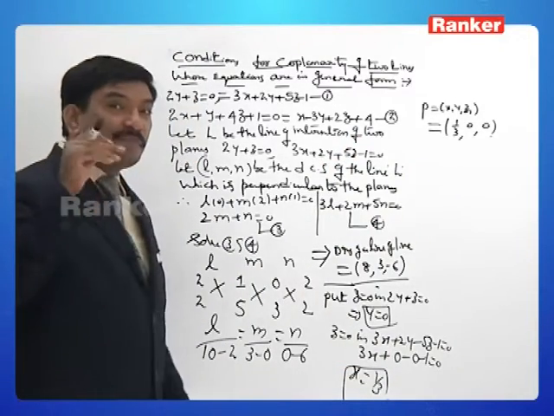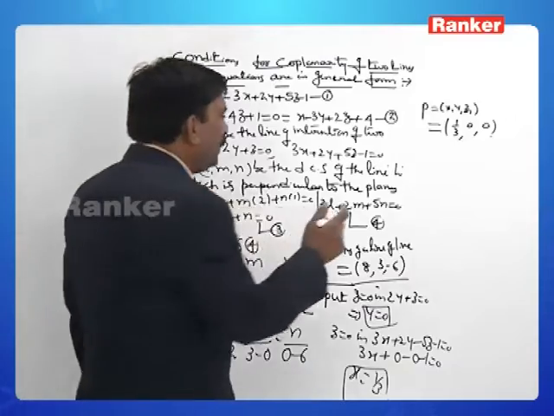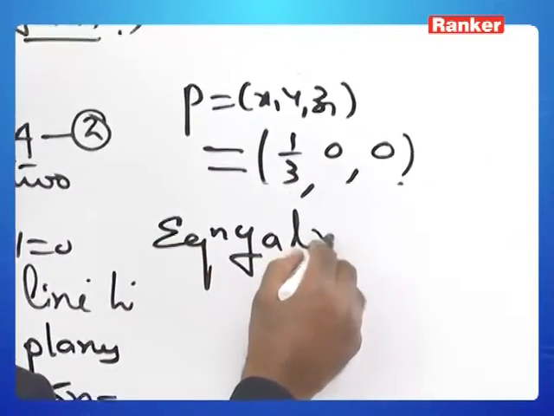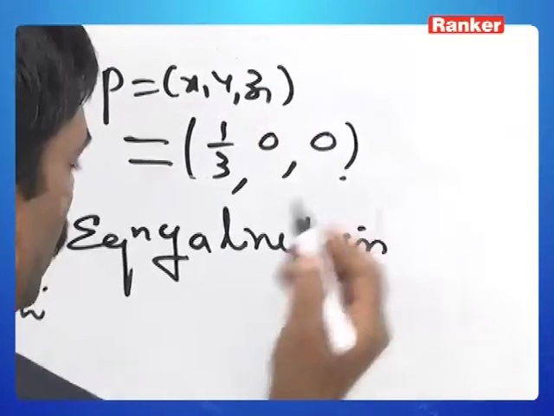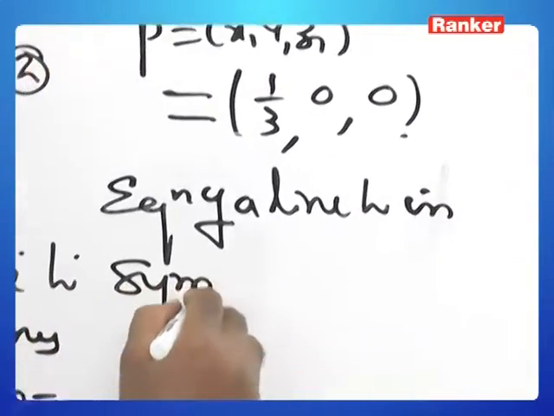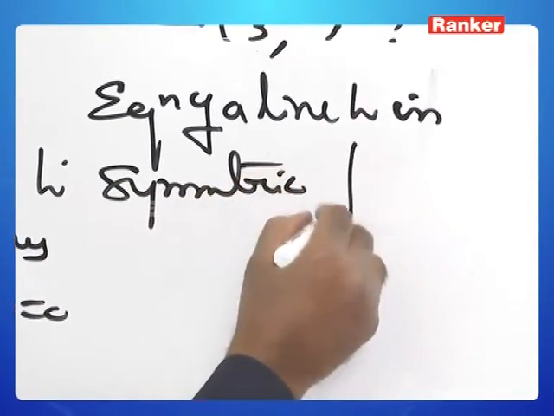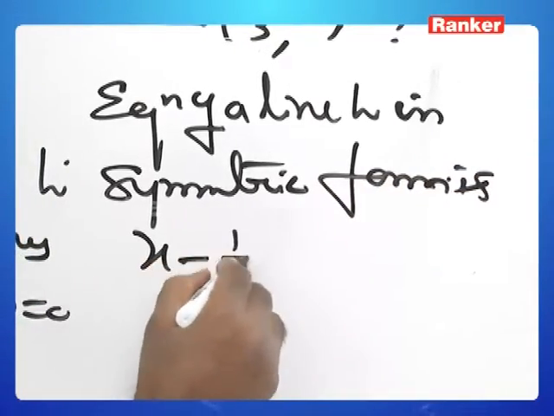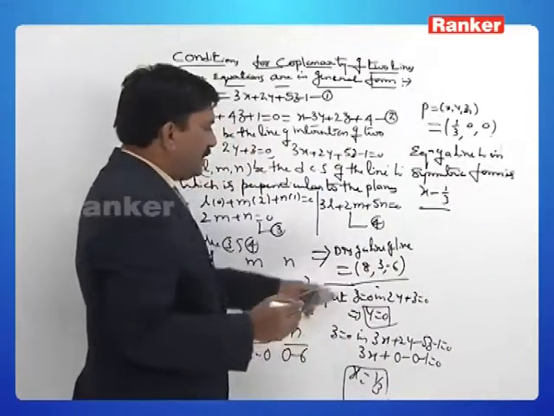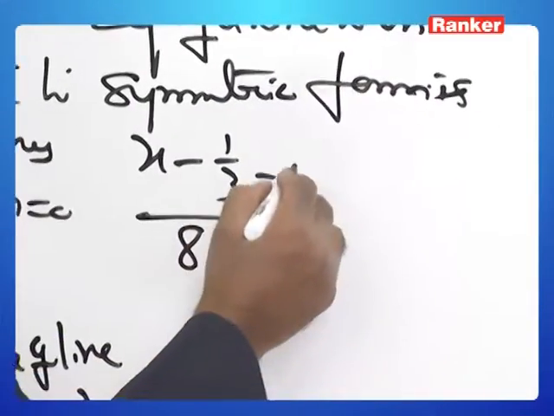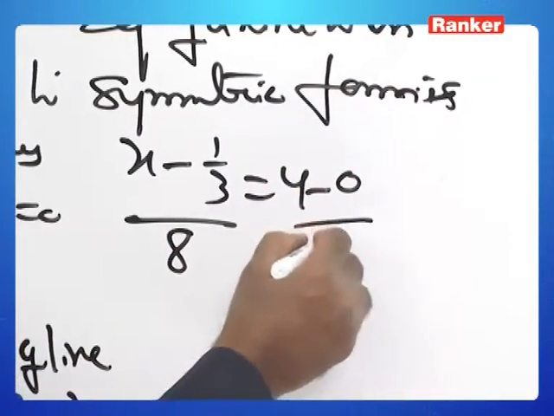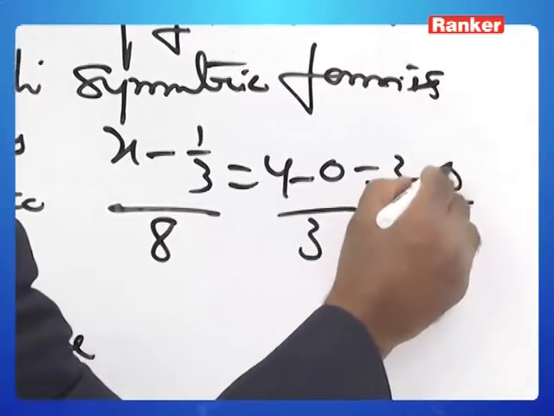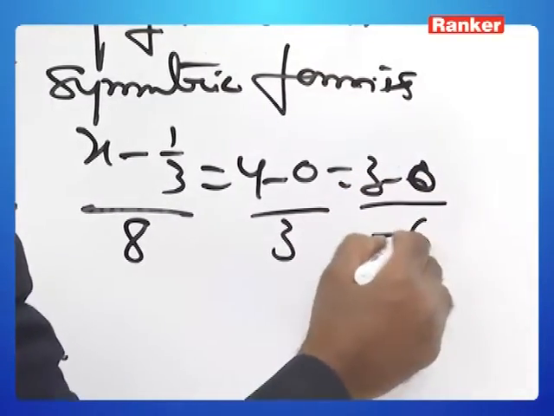Now let us write the equation of the line L in symmetric form. The symmetric form is (x minus 1/3) by 8 is equal to (y minus 0) by 3 is equal to (z minus 0) by minus 6.